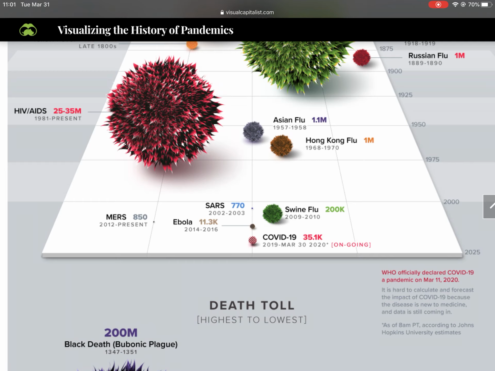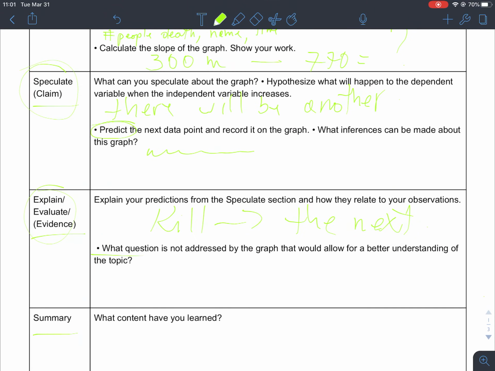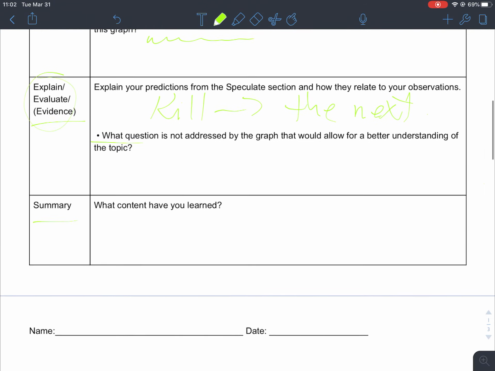And it keeps going, as you can see. So a question that I have maybe is, how can we stop them? Is there a way to stop these pandemics? What can we do? Are the things that we're doing right now, like putting all the countries in quarantine, everybody staying home, helpful? I don't know. Choose a question that goes along.